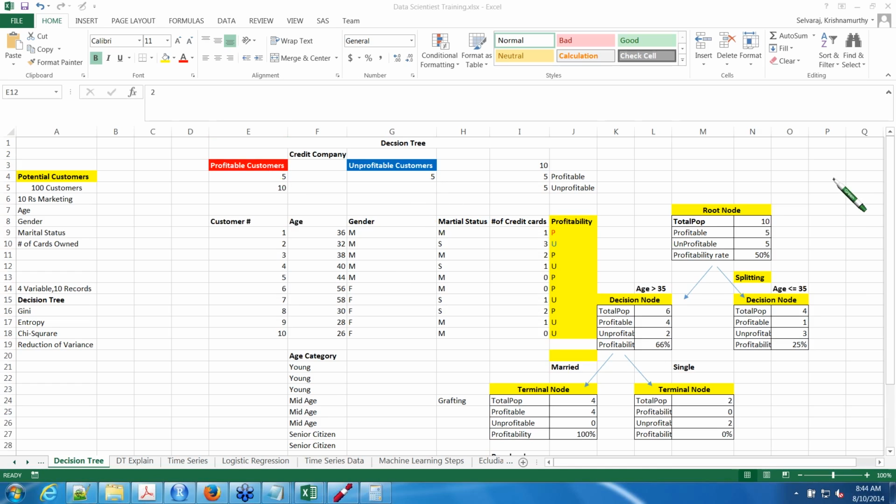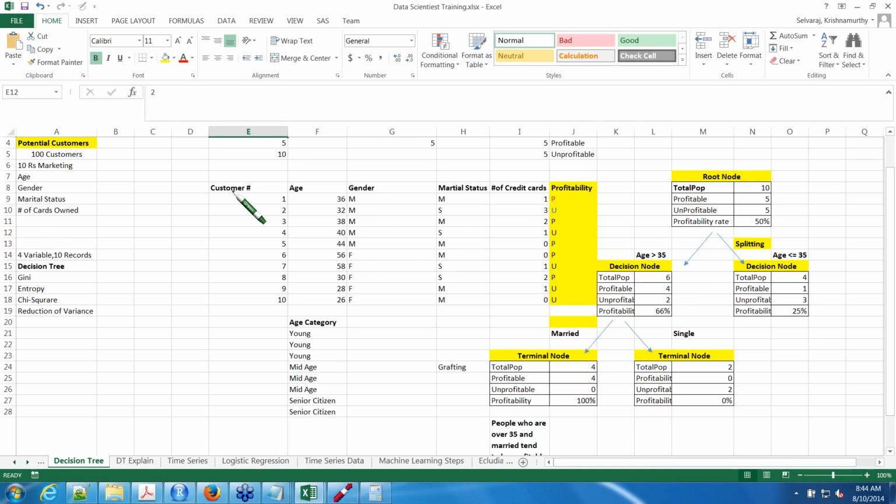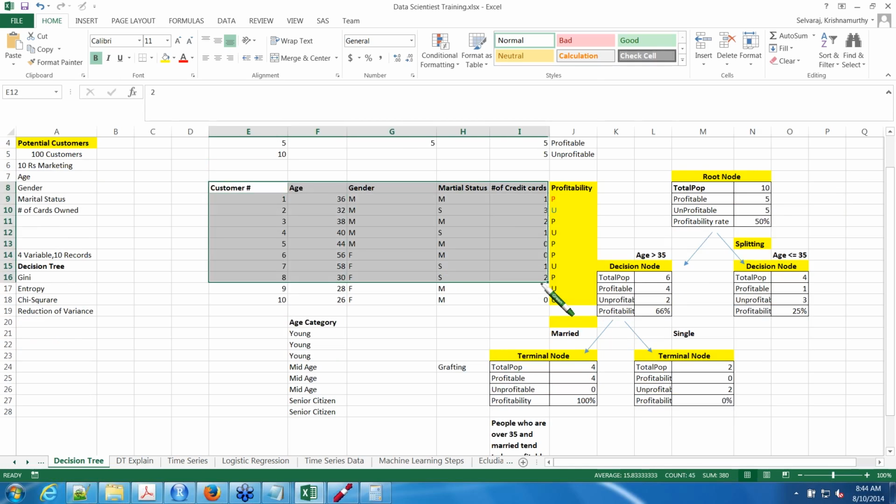Okay. So now, with that understanding, any bank will already have the history data. The bank already has the history data about their customer details. So let us take the customer ID, age, gender, marital status, number of credit cards and profitability.